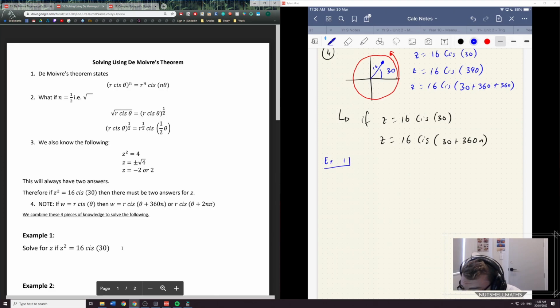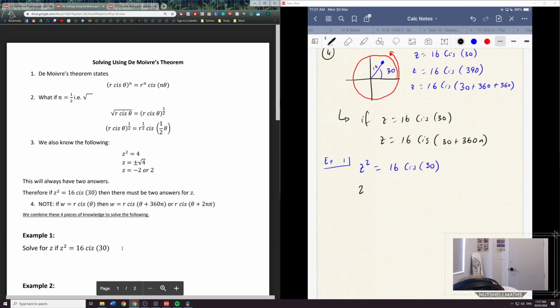So the question: Z squared equals 16 cis 30. Remember, the problem is we have to have 2 answers. That's part of the problem of this.